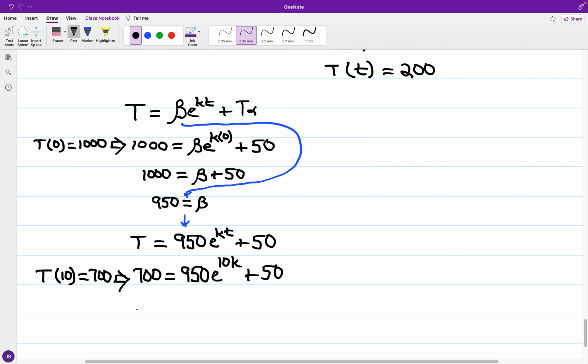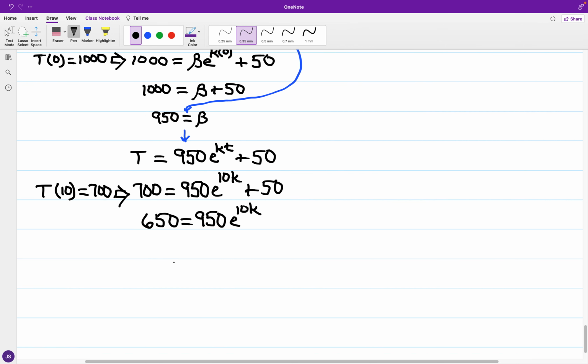If I take 50 away from both sides, I have 650 equal to 950 times e to the 10k, and isolating e to the 10k, I'm just going to divide by 950.